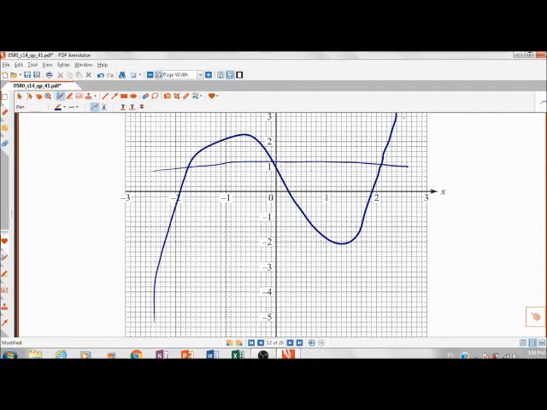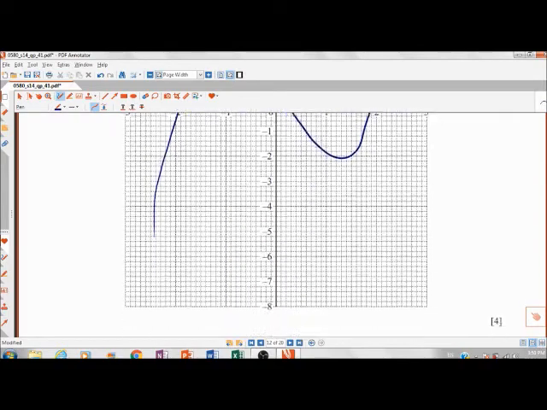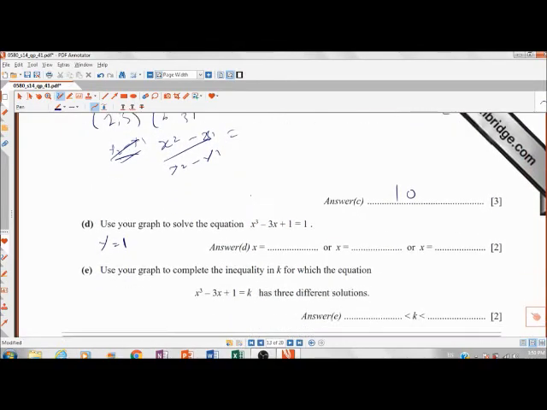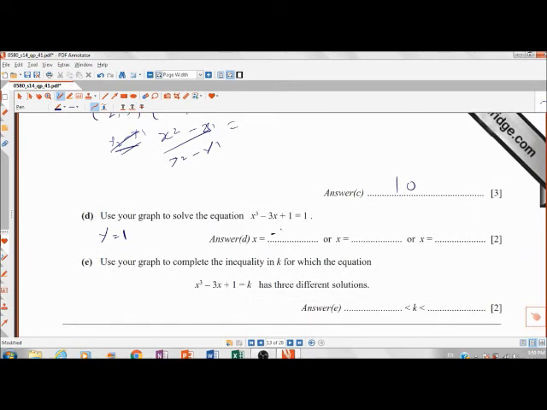Should go like this, y equals 1. And then get 3 points, this one, and this one. And you write them there. Should be negative 1.75, 0, 1.7.